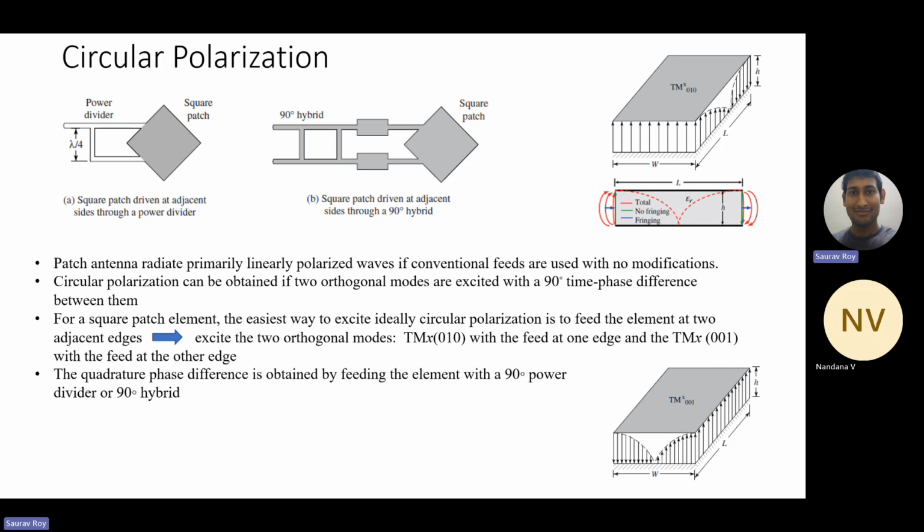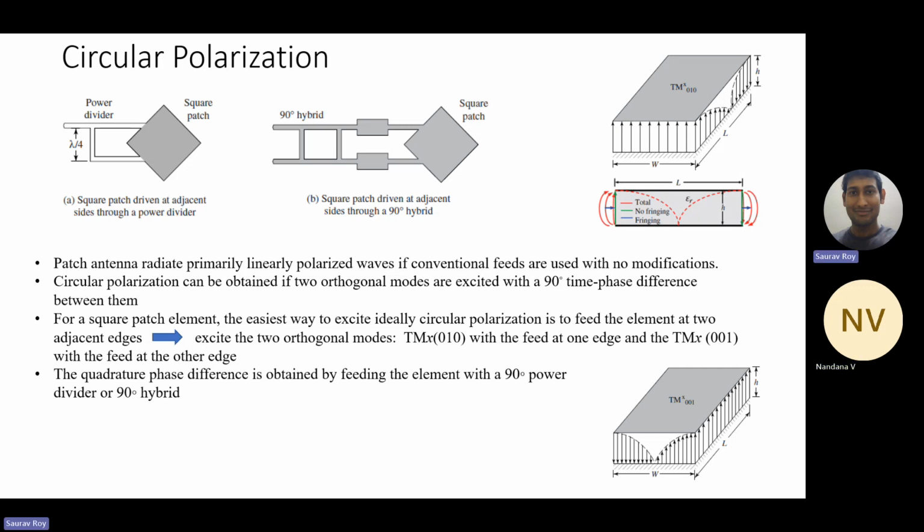And for a square patch element, the easiest way to have circular polarization is to feed the element at two different adjacent edges, so that we can generate TM010 mode as well as TM001 mode. And the other thing is the quadrature phase difference is obtained by feeding the element with a 90-degree power divider or 90-degree hybrid coupler. So that is the main concept.